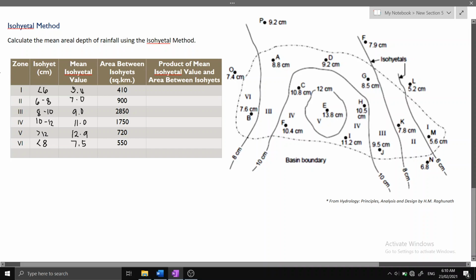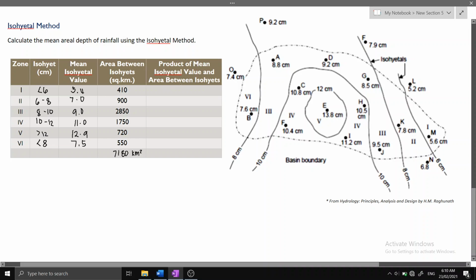So now that we have the mean isohyetal value, let's now get the total area of the basin. So this is equal to 7,180 square kilometers.